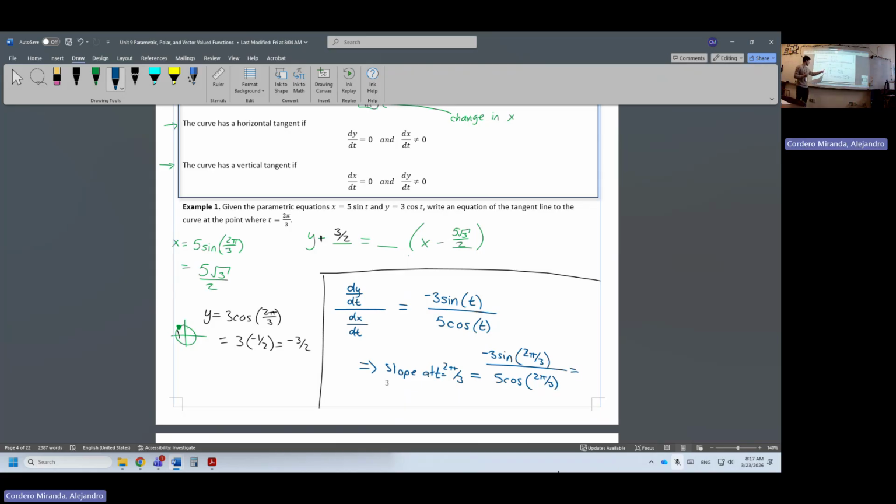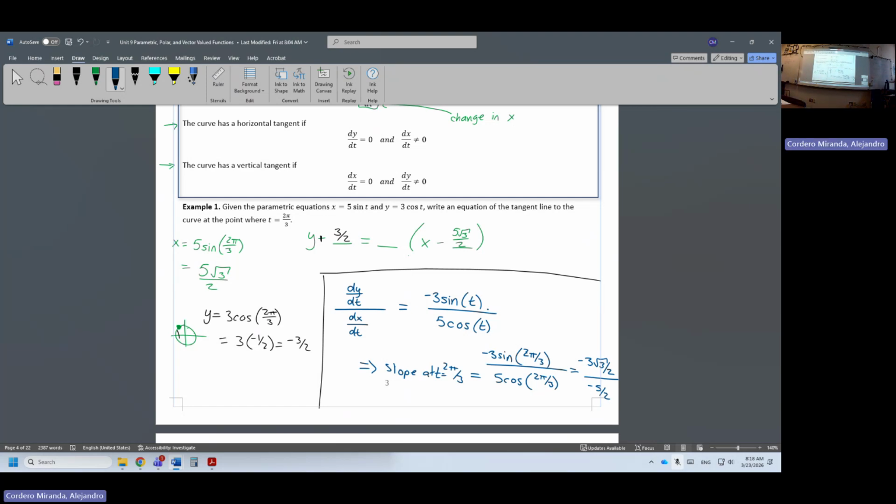Equals what we said the sine was, radical 3 over 2? Yes. So negative 3 radical 3 over 2 over 5 times negative 1/2, so negative 5/2. Boom. There you go. There's your slope.